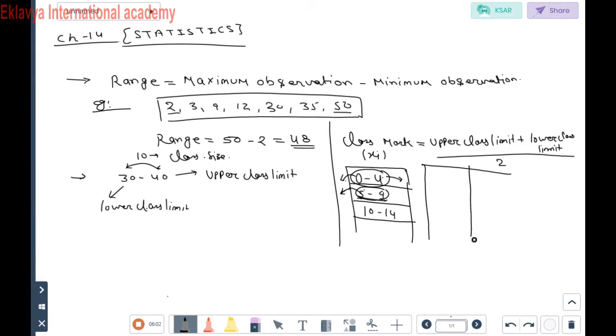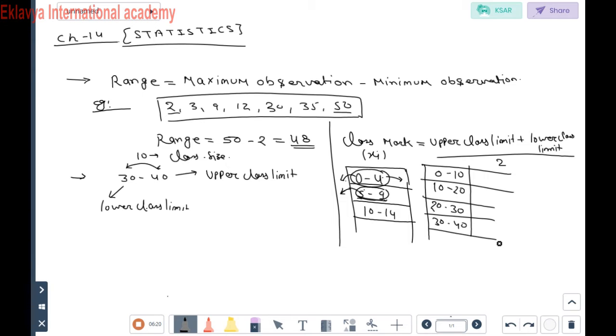But suppose given to you continuous form: 0 to 10, 10 to 20, 20 to 30, 30 to 40. So here the class interval is in continuous form.